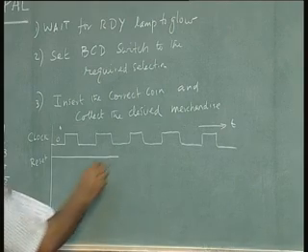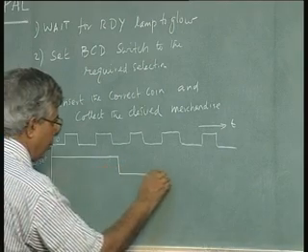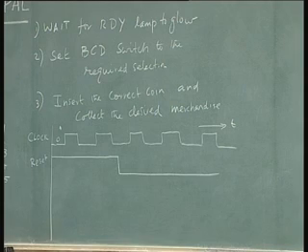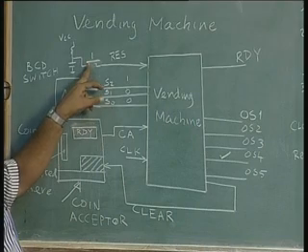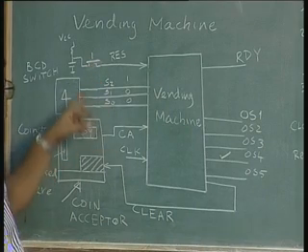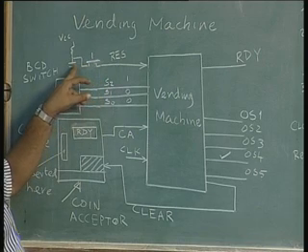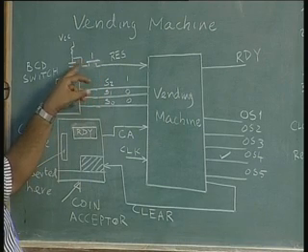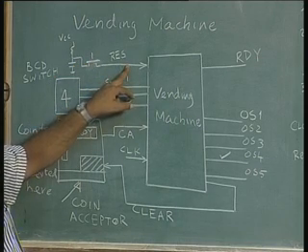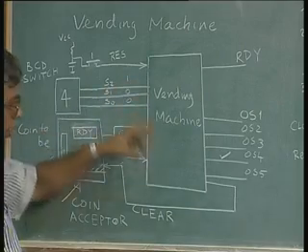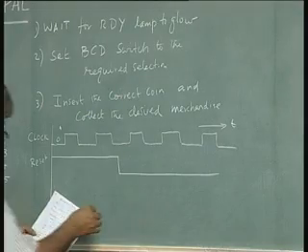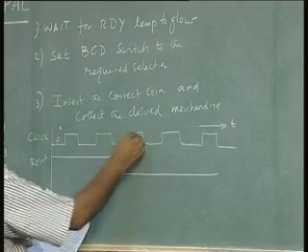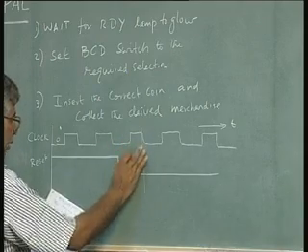Reset is a non-synchronous operation. It can happen any time because we are going to push the switch. When you reset it, we are going to push the switch, and then it is going to give the reset signal momentarily, and it can happen any time. And the next clock cycle, the ready will go at the next clock edge.